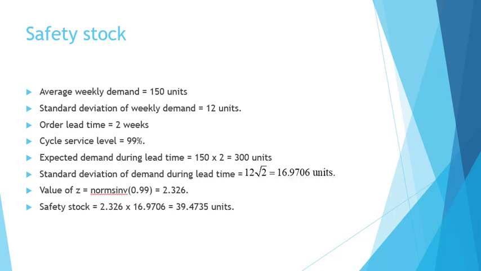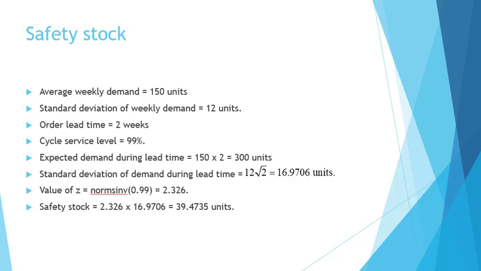Then we can determine the value of Z by assuming normal distribution. In this particular case, for the lower tail of 99%, the value of Z is 2.326.